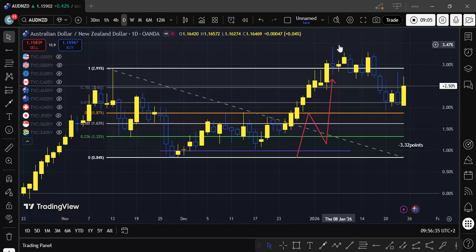But this beautiful monetary policy divergence, I believe it might continue to take off and move higher, but I'm no longer in the trade, especially because it's a negative carry.